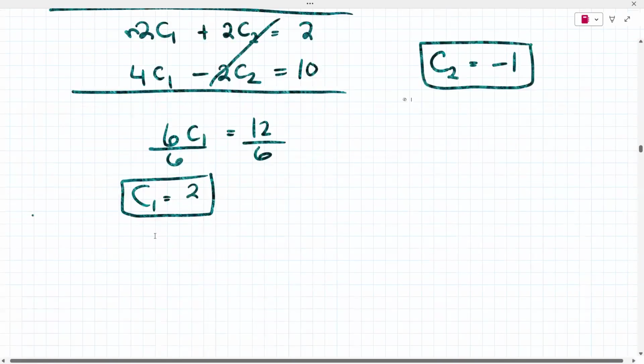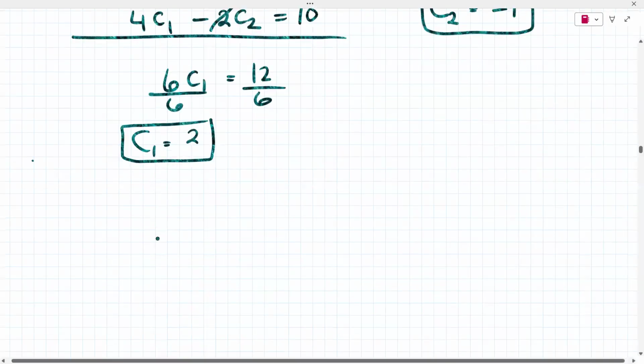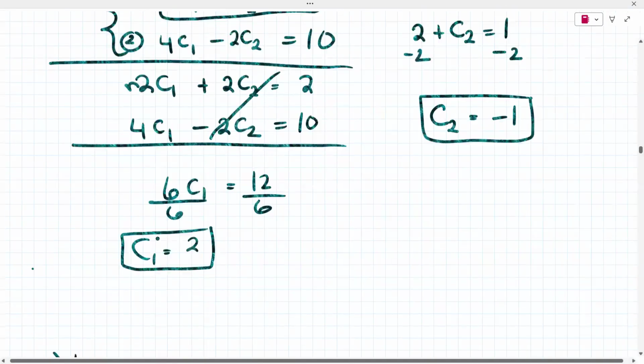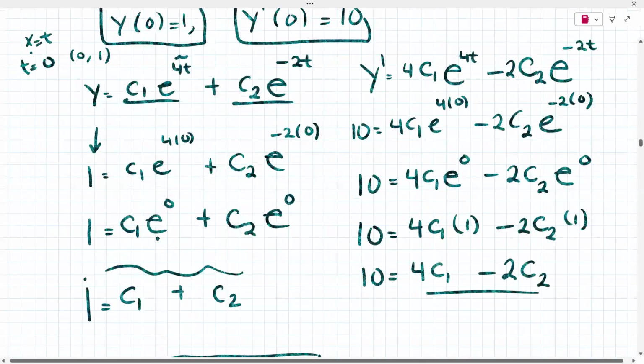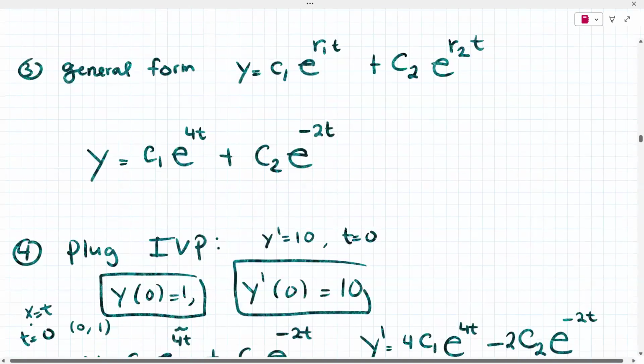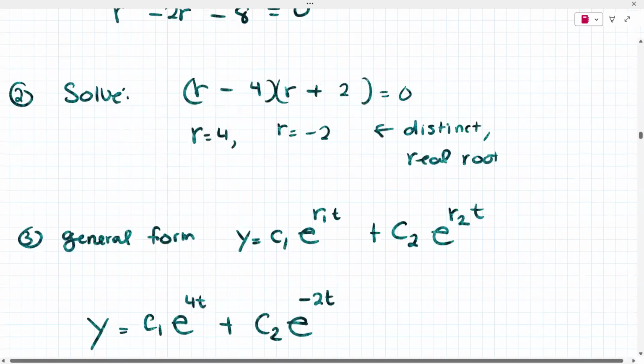Okay. So we have our c1, we have our c2, we have our two r's. So our final equation is going to be y equals c1, so it's like c1, which is 2, e raised to the rt. What's one of my roots? 4 and negative 2.